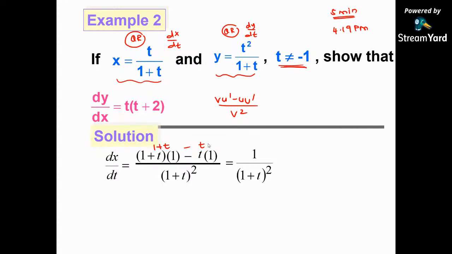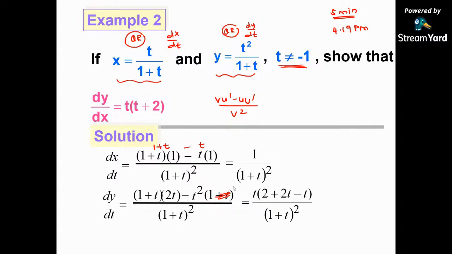Again, we're going to do the same thing for dy over dt. So we take v, which is 1 plus t, and differentiate t squared to get 2t, minus u, which is t squared, times the derivative of 1 plus t, which is 1, over v squared, so 1 plus t squared.